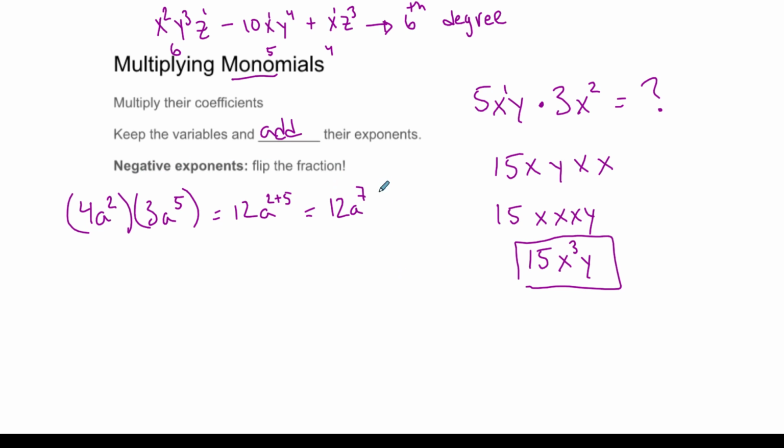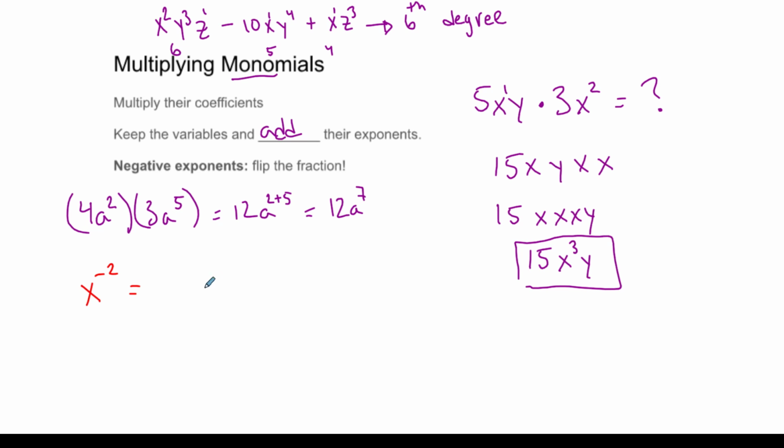Now, nobody ever said your exponents had to be positive. So what if you have negative exponents? Well, let's see. When we have negative exponents, and this is something that you talked about, I believe in 8th grade, x to the negative 2, right?